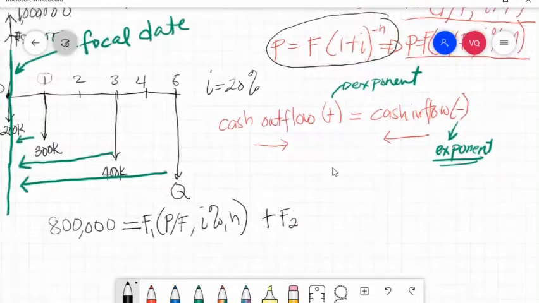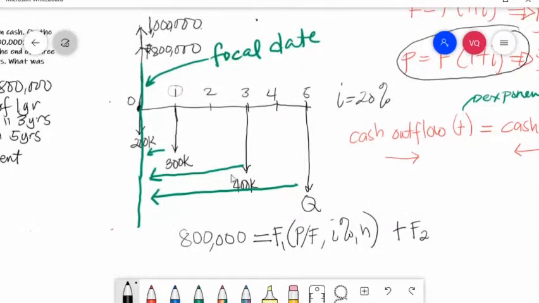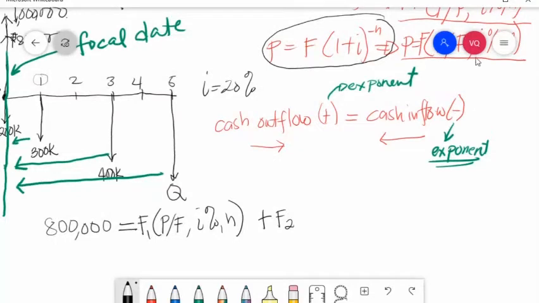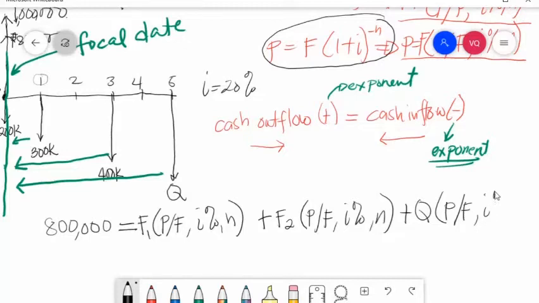F2 is 400,000 going to the left, so it will get a negative exponent. F2, the second payment, times P over F, i percent, n, plus, since Q is our future payment at 5 years, Q multiplied by P over F, i percent, n. Okay, that is our equation.